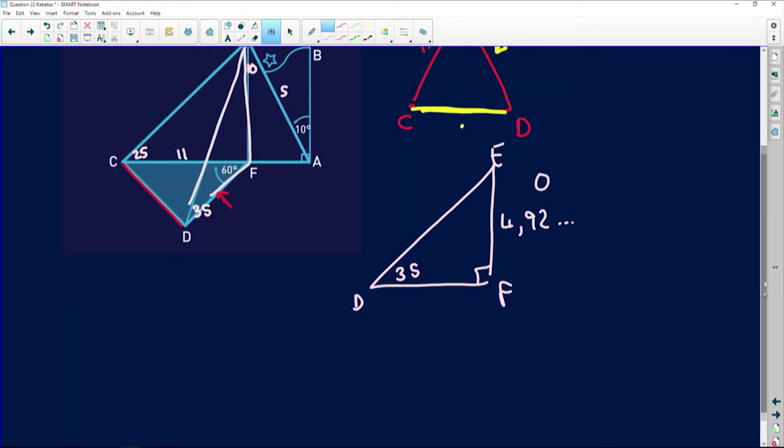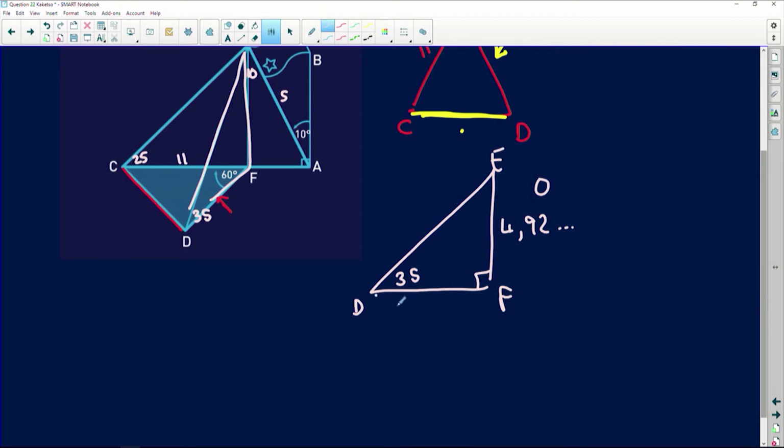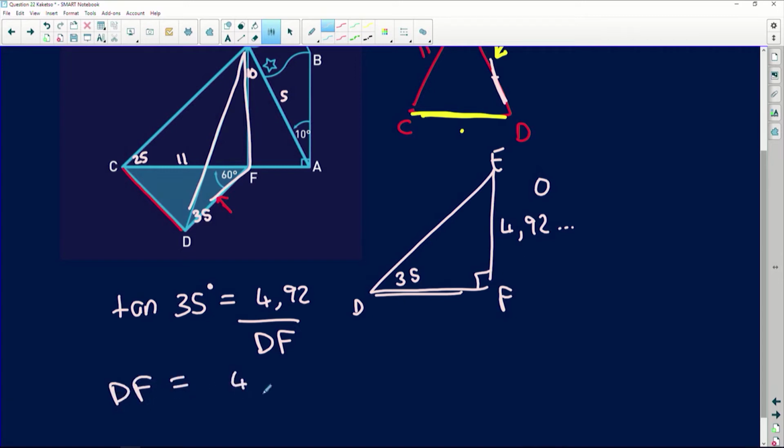We're trying to find DF, which is the adjacent side, so we use tan. Tan of 35 degrees is equal to 4,92 all over DF, which is what we're trying to find, this linking side up here. So DF is equal to 4,92 all over tan of 35 degrees.